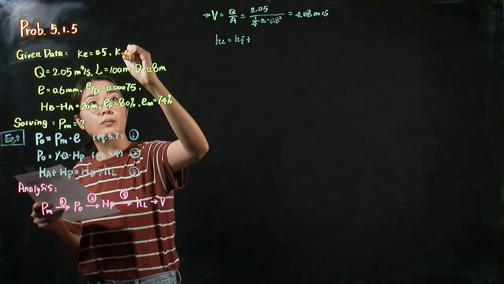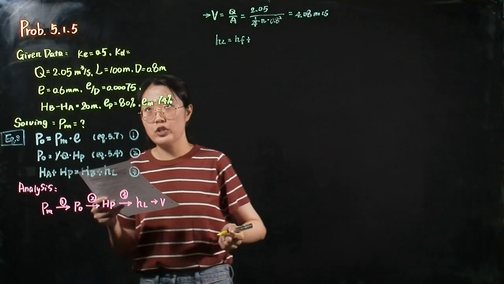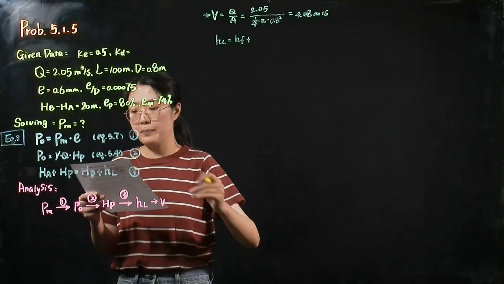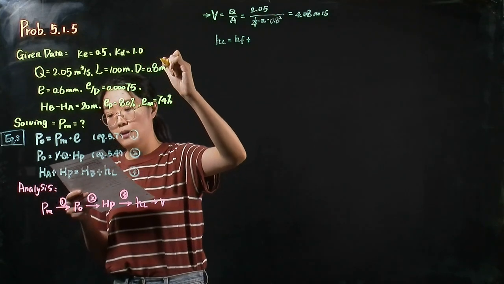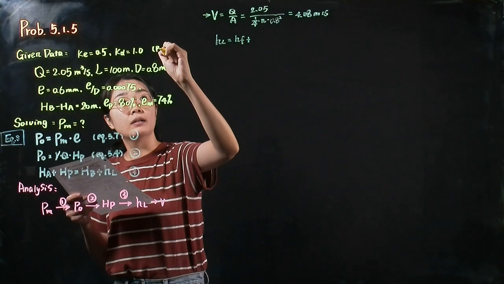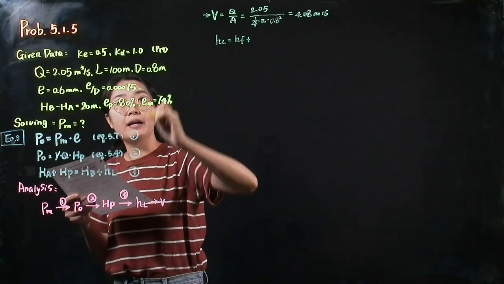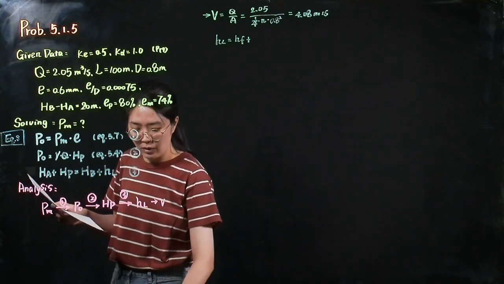And we should also consider the loss caused by the discharge from the pipe to reservoir B. From page 79, we can find the coefficient for the discharge. It equals 1.